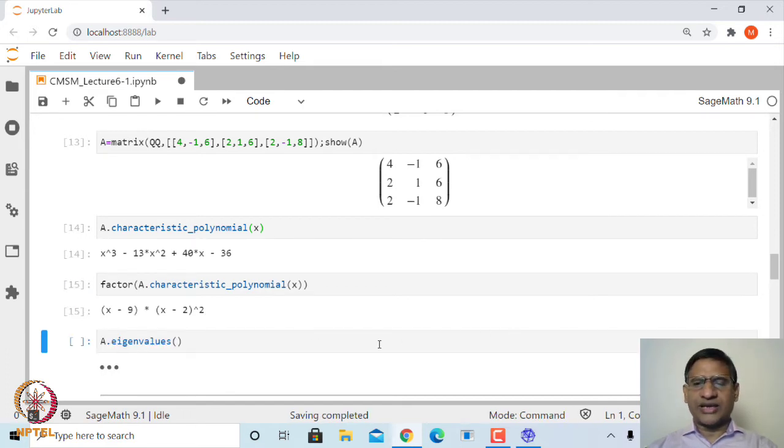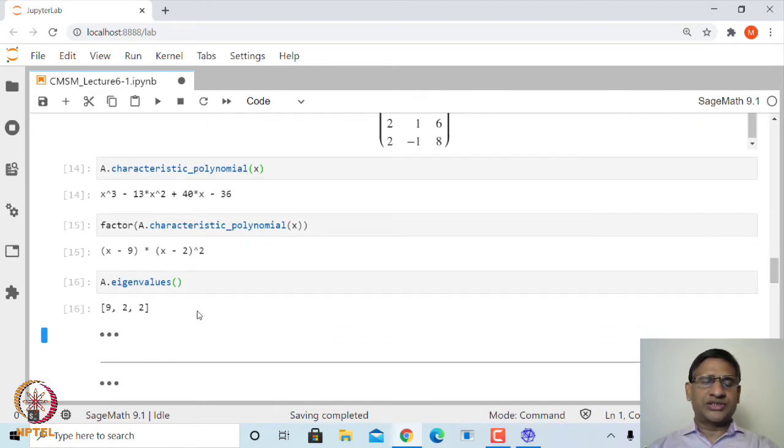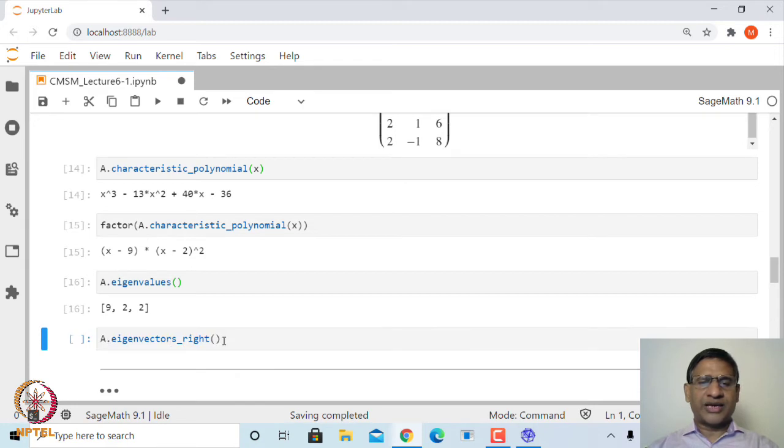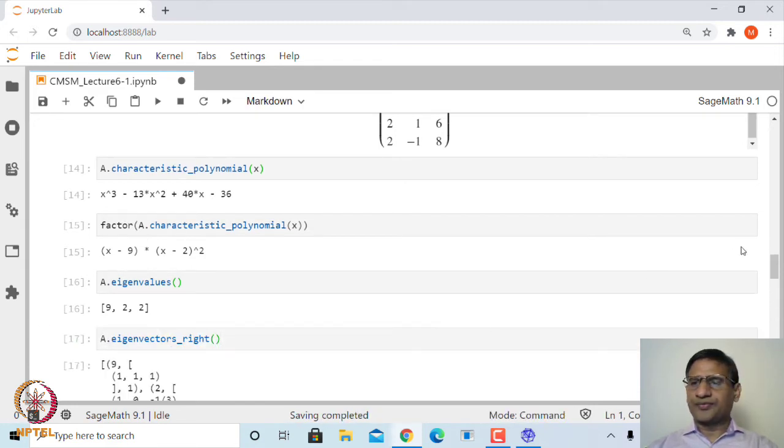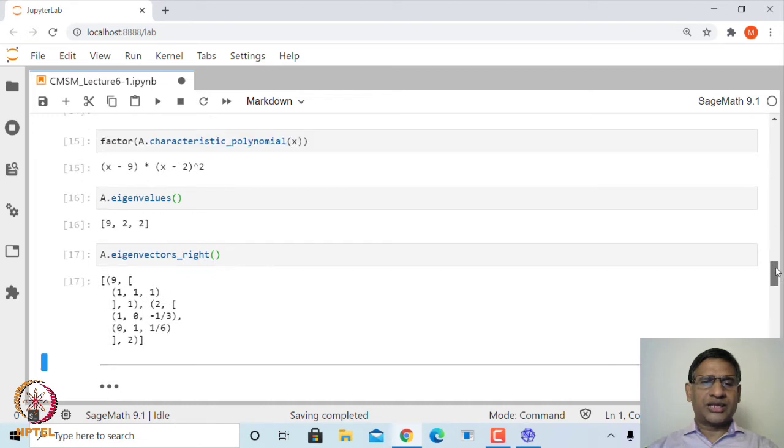So, let us find the eigenvalues of A. The eigenvalues of A is a list which is 9 comma 2 comma 2, where that means 2 appears twice. Similarly, you can find eigenvectors of A. There are only 2 distinct eigenvalues in this case, 9 and 2. 9 has eigenvector 1 1 1, and then if you look at the eigenvalue 2, it has 2 eigenvectors.